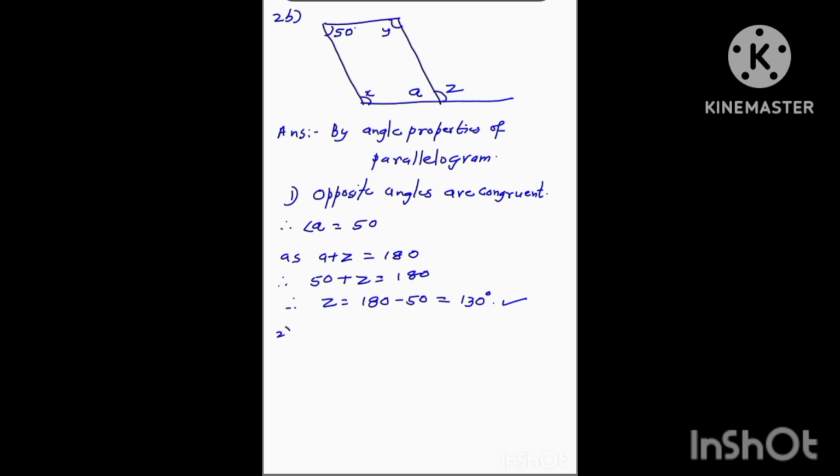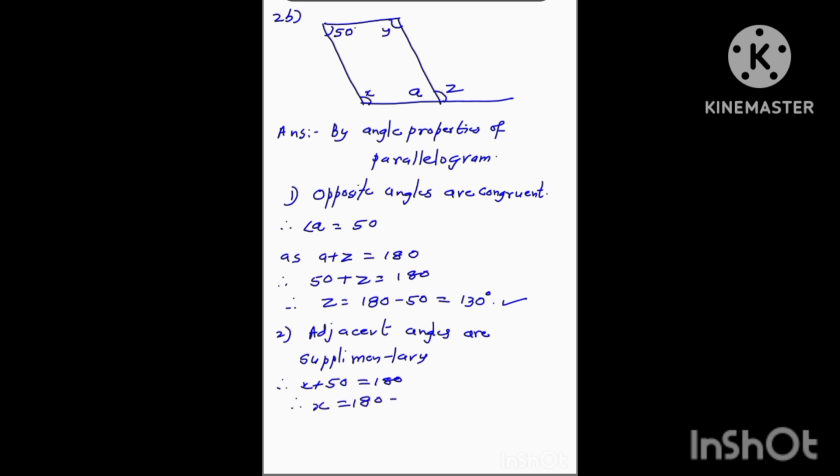Now we are using another property where alternate angles are supplementary. That is, if we take any two alternate angles and add these measures, the summation will be 180. So we are using that property to find the measures of x and y.